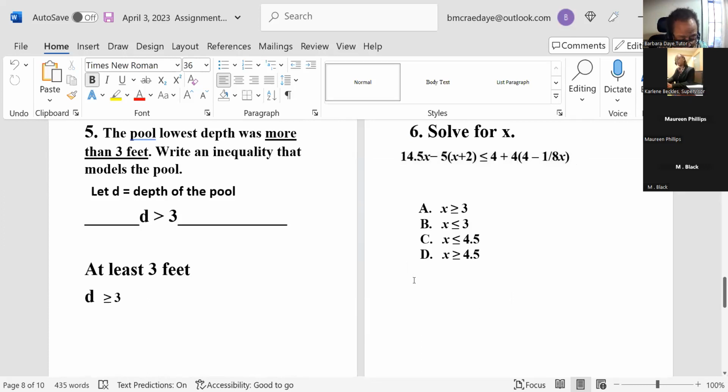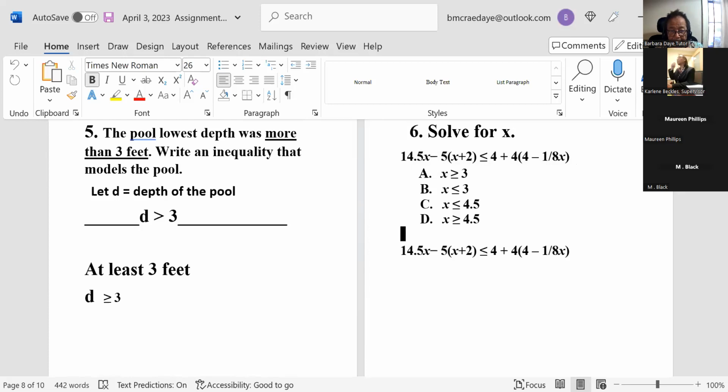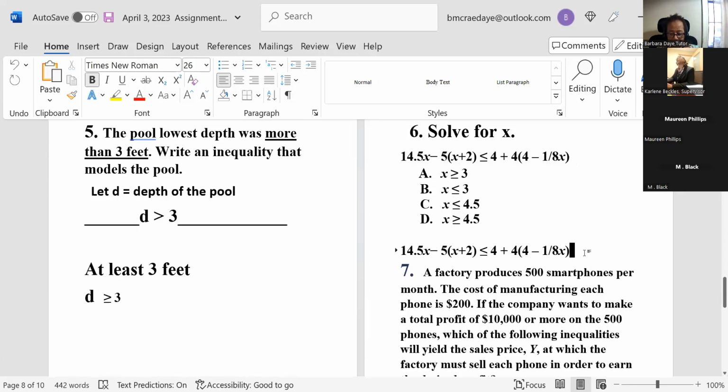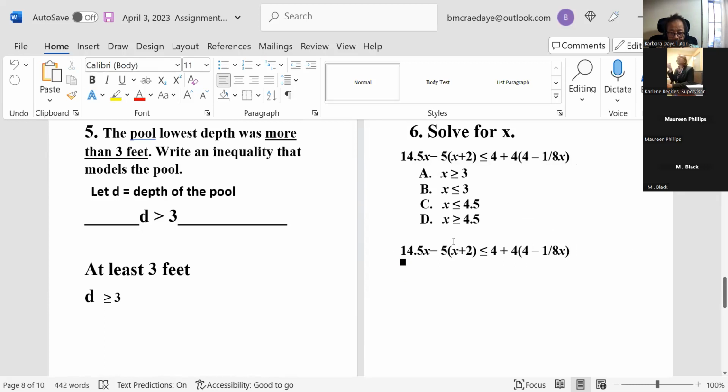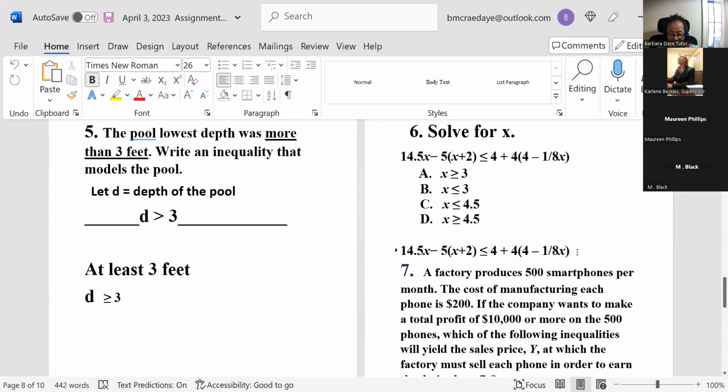Now, I want you to first multiply the -5 by what's in parentheses, and do the same for the 4 times what's in parentheses, and tell me what you get. We'll just do it step by step.